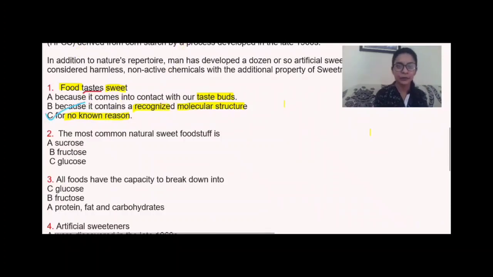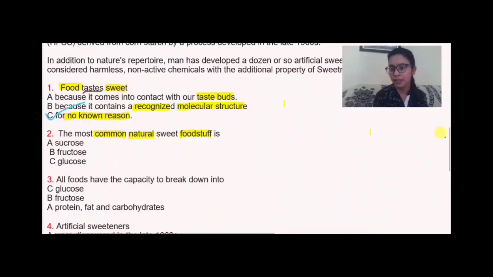Then what is the second one? The most common natural sweet foodstuff is. Our keywords are common, natural, foodstuff.